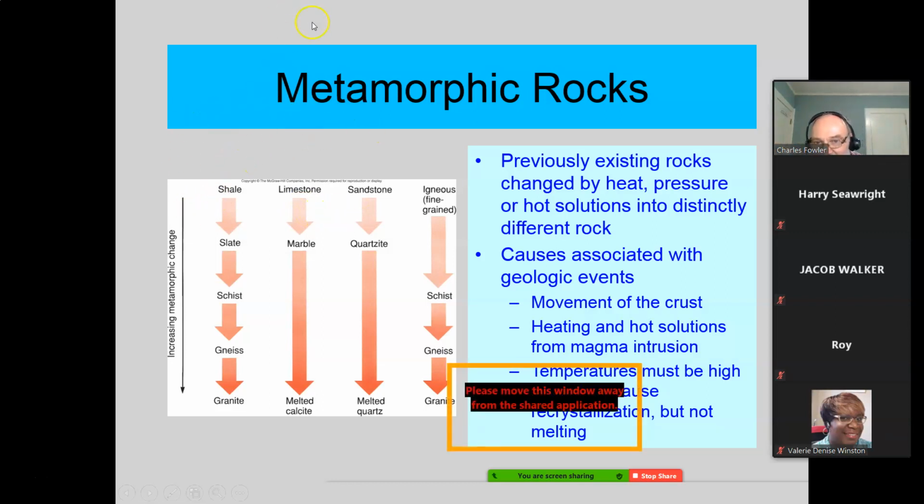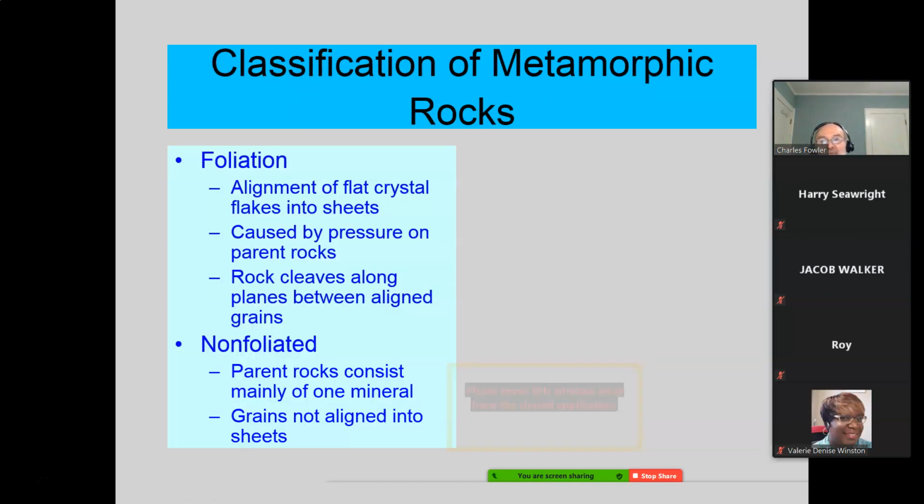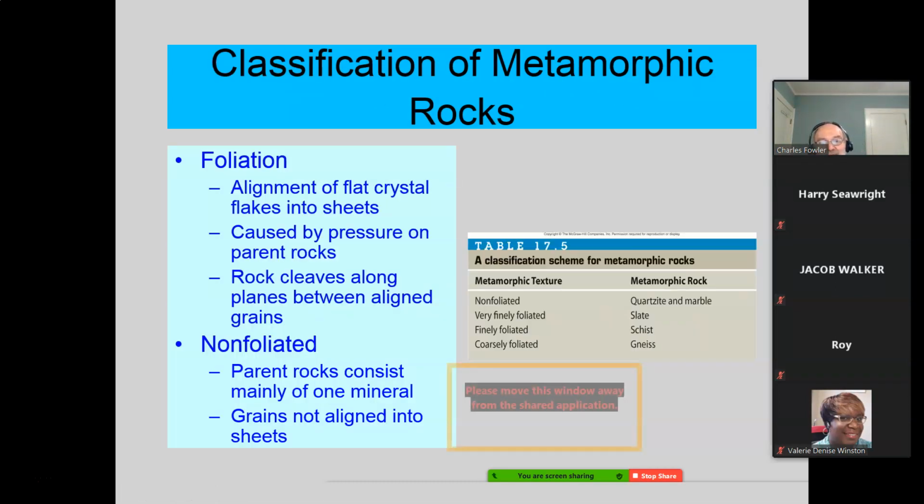Sandstone, kind of the same way, non-foliated quartzite. This igneous fine-grained rock will be slightly foliated maybe to start with, but schist is finely foliated, nice, coarsely foliated, and then when it melts and goes back to granite, of course, it loses its foliation. So there we saw how the foliation, that's how we classify metamorphic rock. And that pretty much finishes page 451.